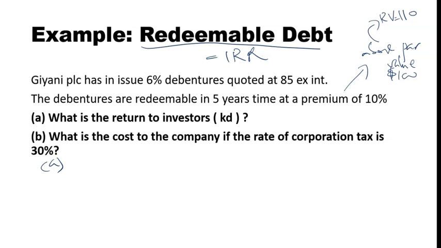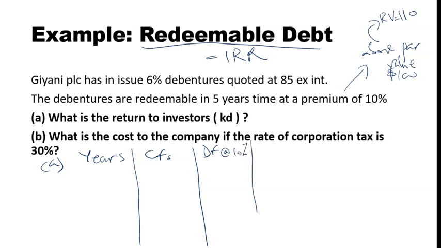So we are going to have an NPV table, and our NPV table is going to have years, the cash flows, the discount factor at 10%. This is our first discount factor, and then we'll get the PVs.